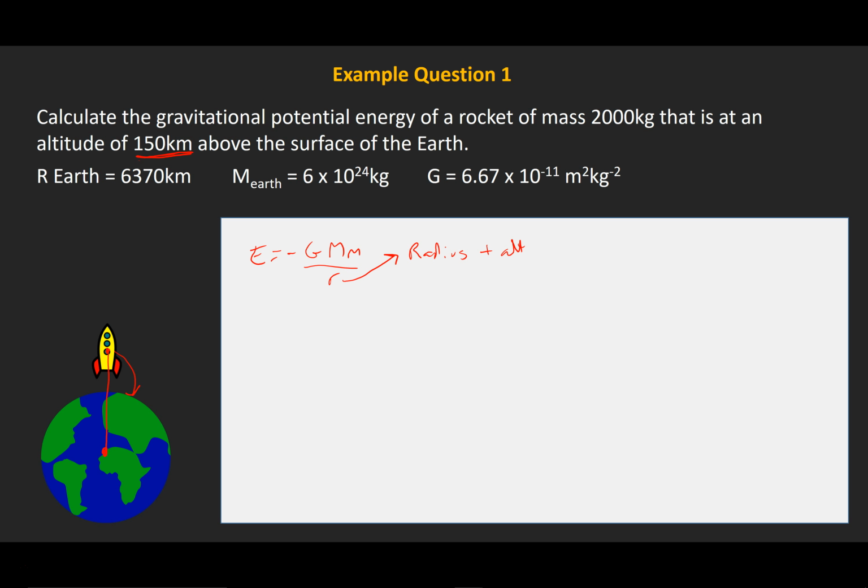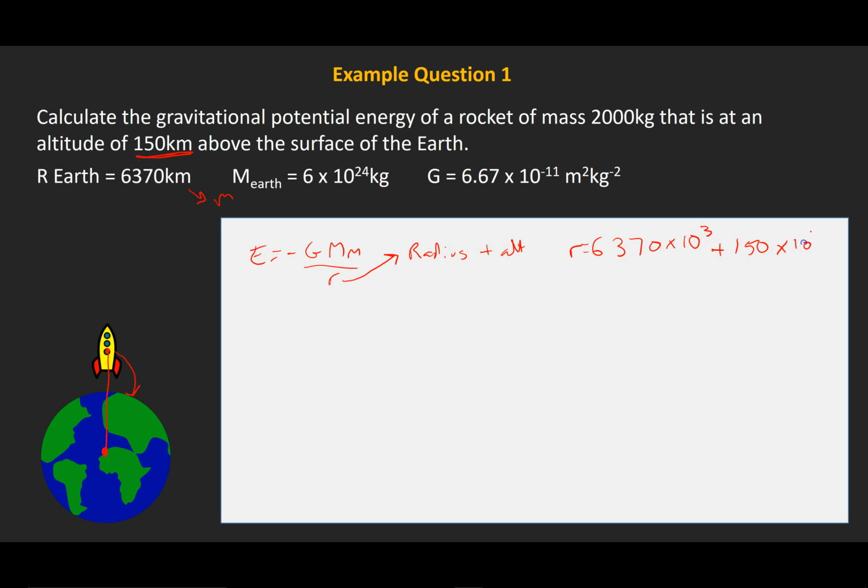So that means that my r is going to be the radius of the Earth, 6,370. And be careful, because it's given in kilometres, we have to do times 10 to the 3 because we always have to convert into metres, plus my altitude, 150 kilometres.